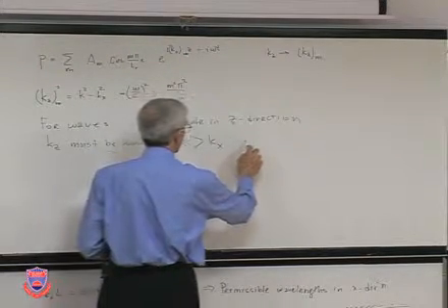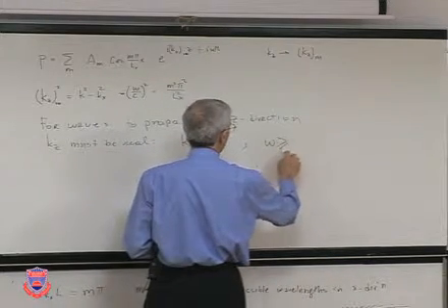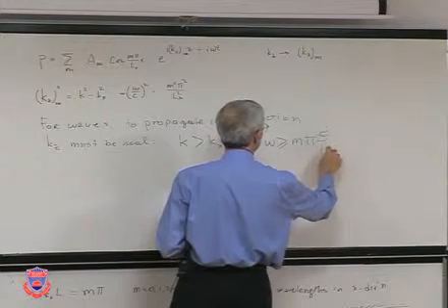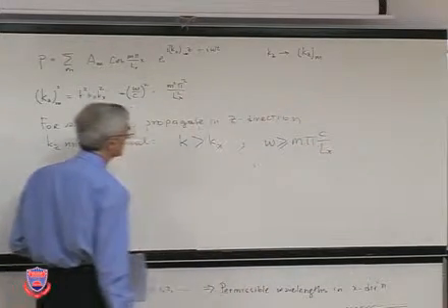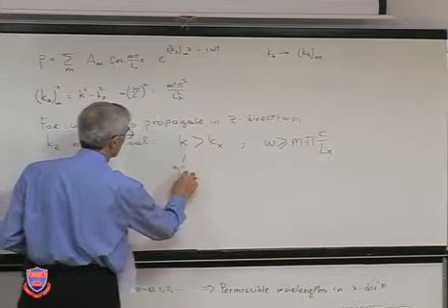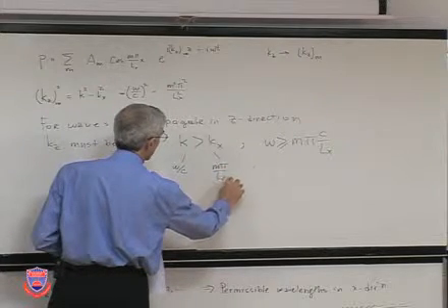And that means frequency must be larger than the cutoff. As you know, this is omega over c, and this is m pi over Lx.